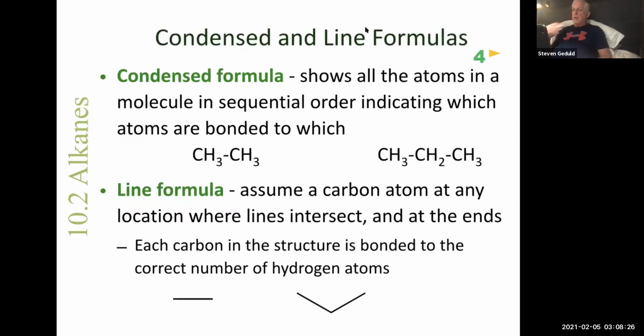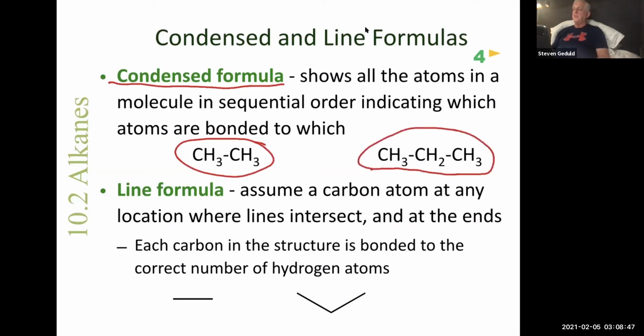Condensed and line formulas. Most of the stuff we use is line formulas because it's so much easier to draw. A condensed formula shows all the atoms in a molecule in an order, indicating how they're bonded. So a condensed formula will show you CH3, CH2, CH3.